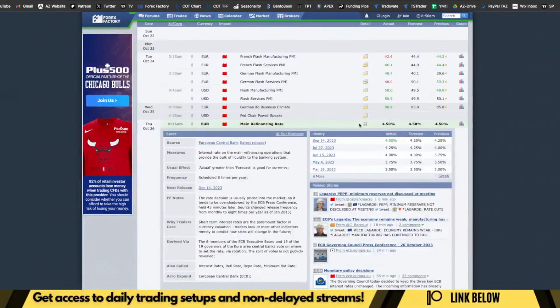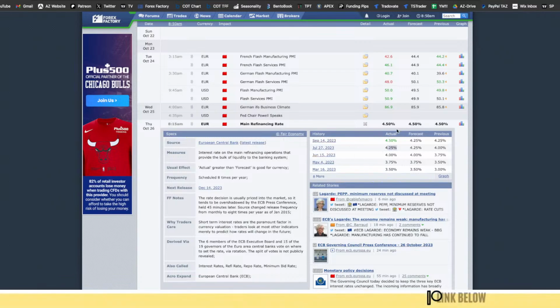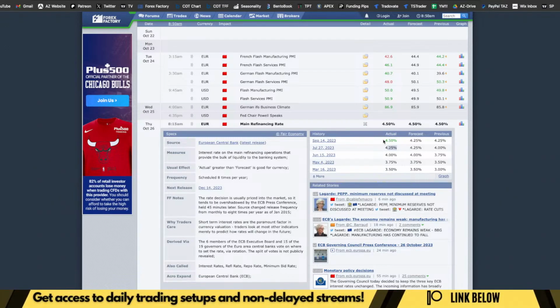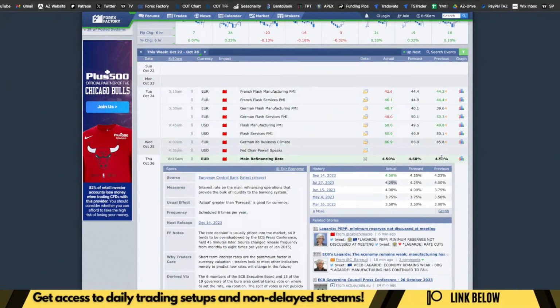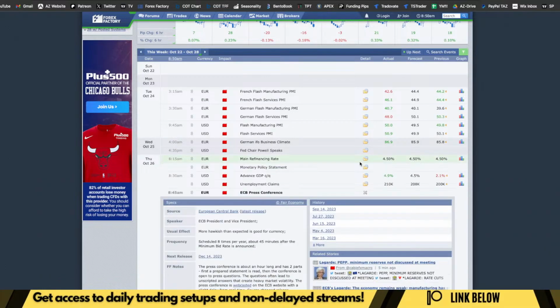Main refinancing rate, interest rate, they increased it by 0.25%. Previous time, September 14th, they kept the same. Forecast, yeah, true, I see. Okay, thanks for letting me know. They kept the interest rate the same.